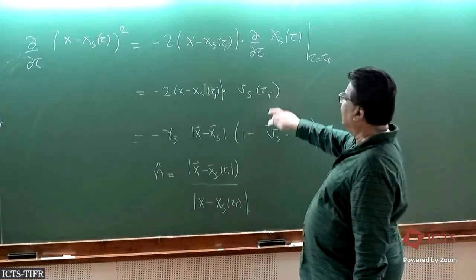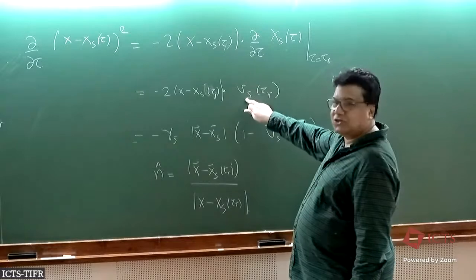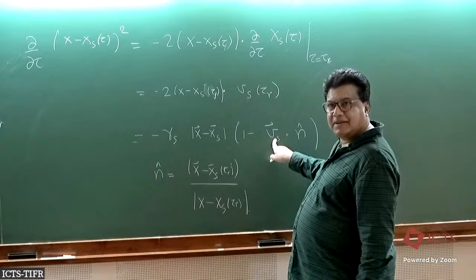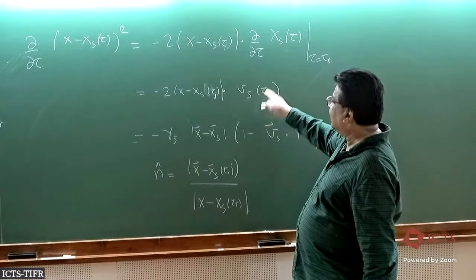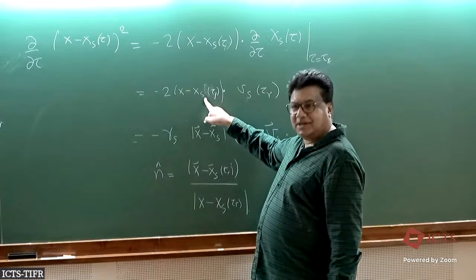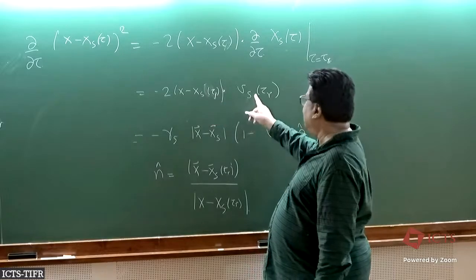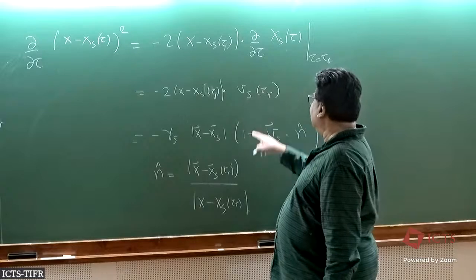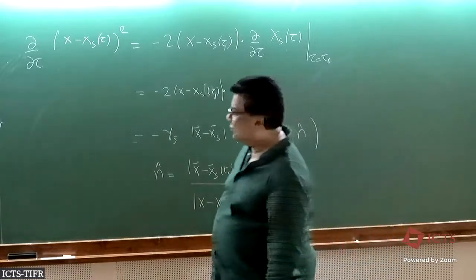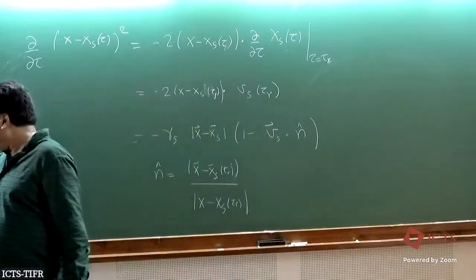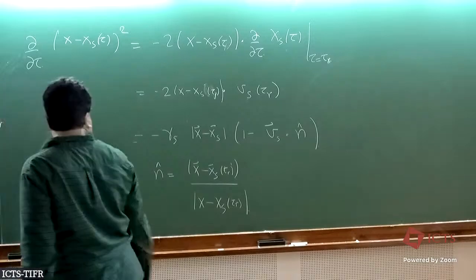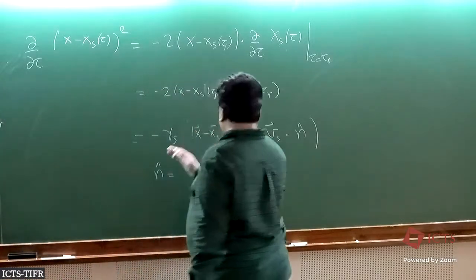From here to here, first you write it as a 1, the zeroth component is 1, the spatial component is this V. Then you take the dot product, the first term will be x0 minus x0s, and the second will be x vector dot V. Then use this equation to replace this x0 minus x0s by this mod, and then take the mod out.